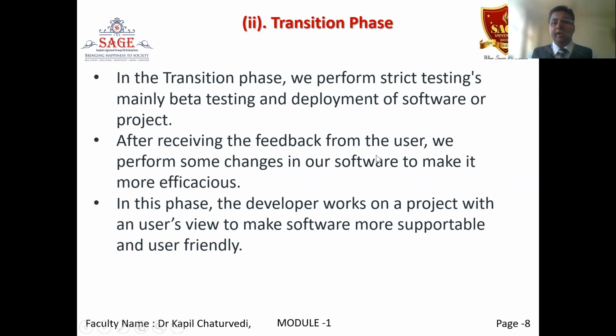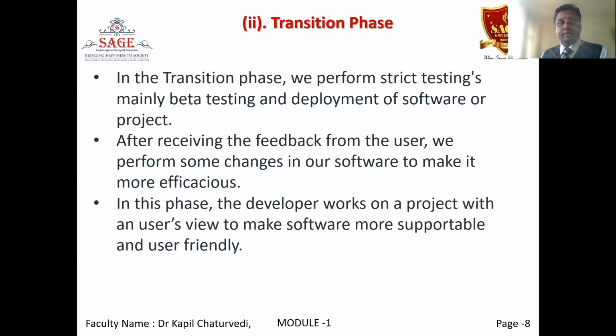After receiving the feedback from the user, we make some changes in our software to make it more efficient. In this phase, the developer works on the project with the user's view to make the software more supportable and user friendly. So basically, the software company completely makes the software, and we are discussing the management process.